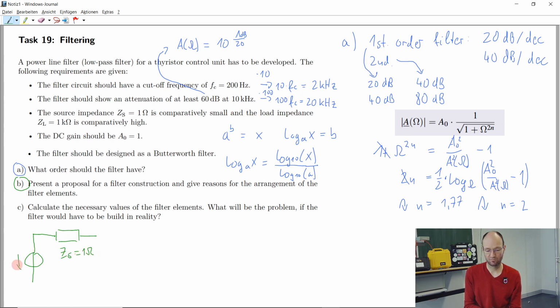And here's our source voltage, US. And so here's where our filter starts, and here's where our filter ends. And attached to this, we have the load impedance ZL. It's not complex, but this is 1 kilo ohm. So the question is, what filter elements do we choose and in which arrangement?